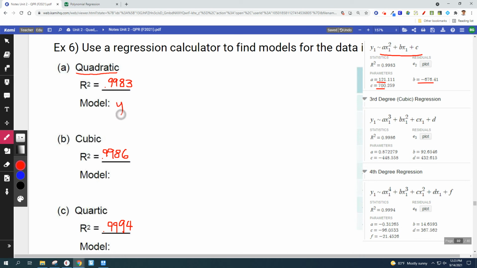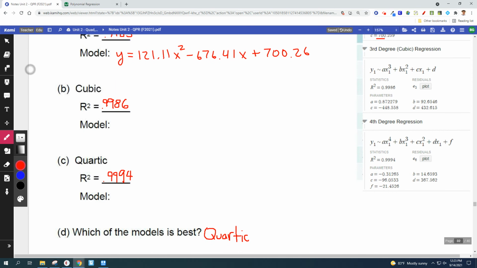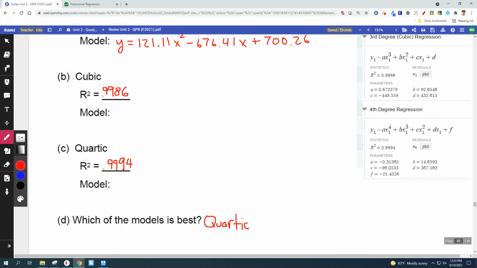So my model is going to look like y equals 121.11, I'll just round off to 2 decimals, x squared. B is minus 676.41 x plus C is 700.26 or so. That's my model. For cubic, your third degree is going to look like this, where here's your A, B, C, and D numbers.